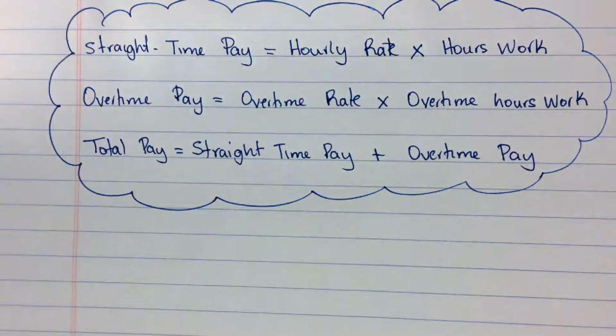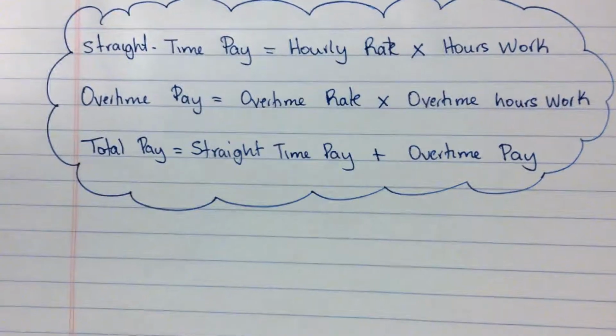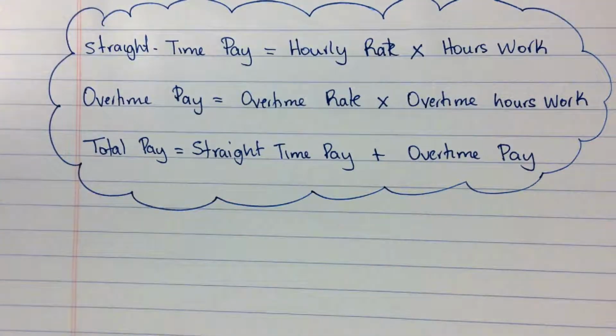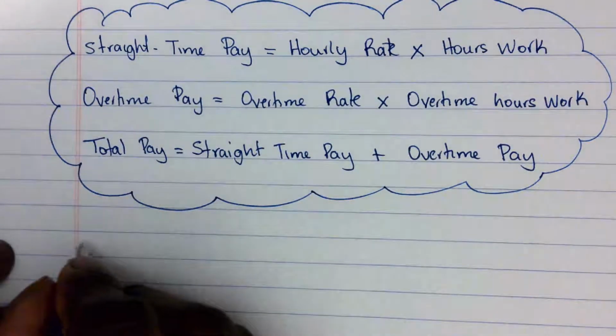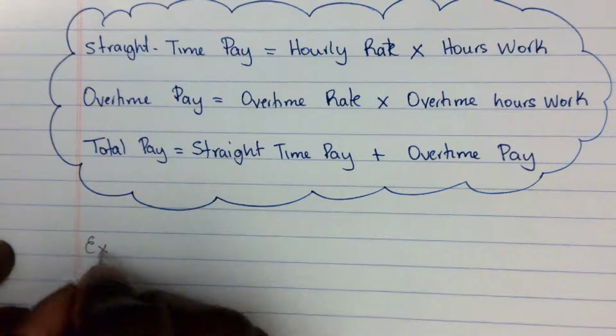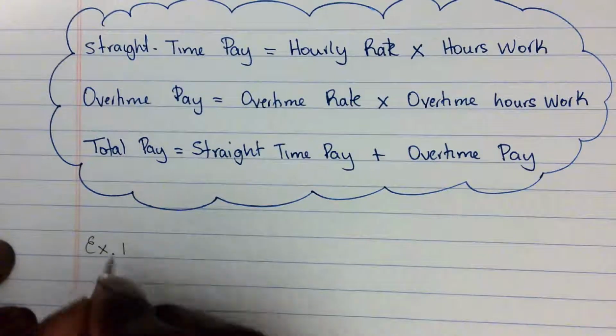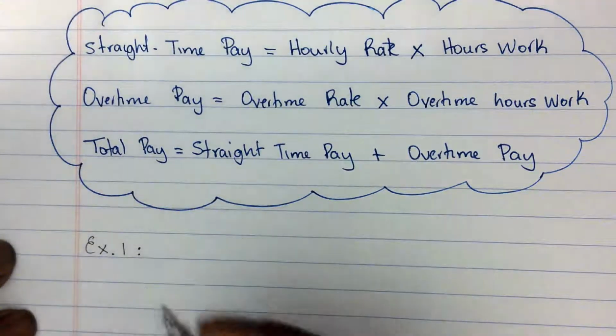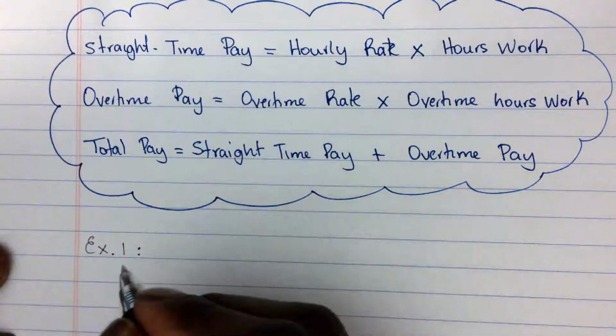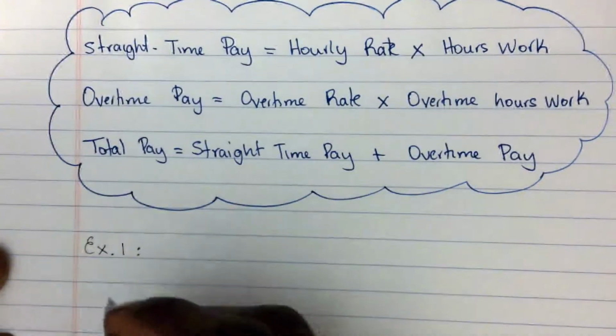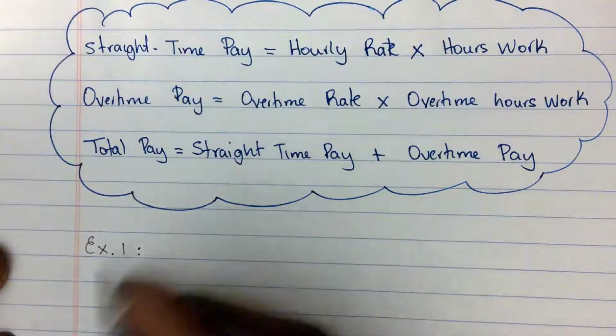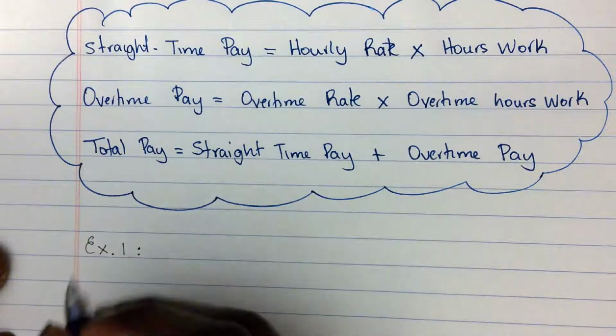Last week she worked 40 hours, and this week she worked 39 and a half hours. What is her straight time pay? Example one, the information that we need to figure out is last week she worked 40 hours, and this week she worked 39 and a half hours.